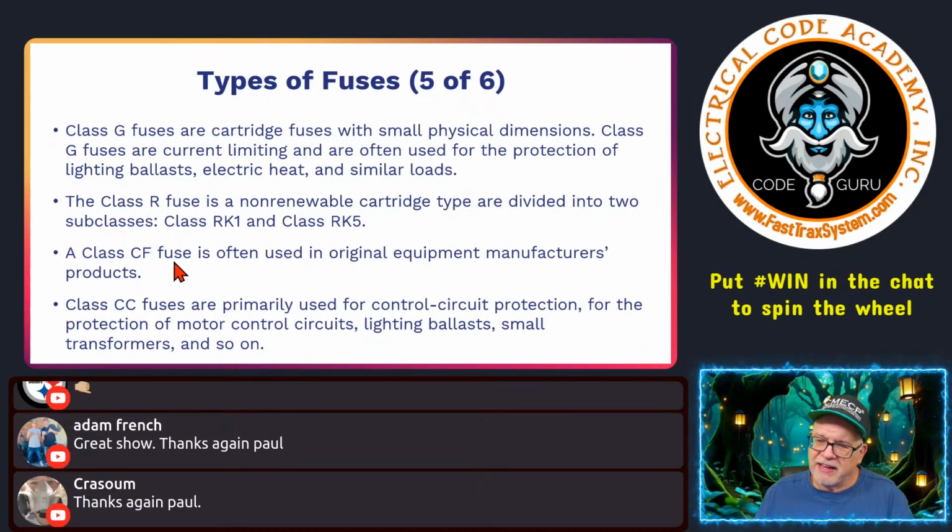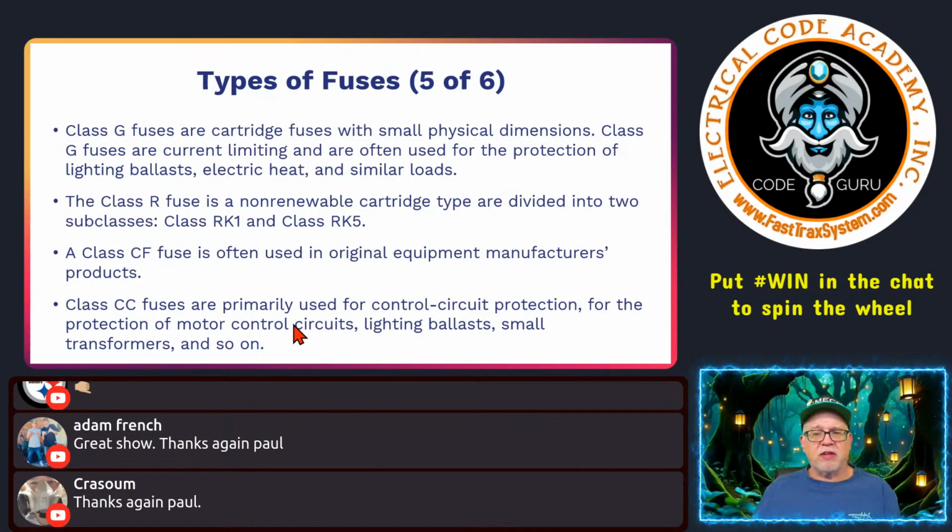Then we have Class CF fuses that are often used in original equipment manufacturer's products. So again, it could be a Class CF that comes from the manufacturers, might be integral to the circuitry for internal protection. And then you got Class CC fuses, primarily used for control circuit protection. They're probably going to be integral into circuit boards and things like that.